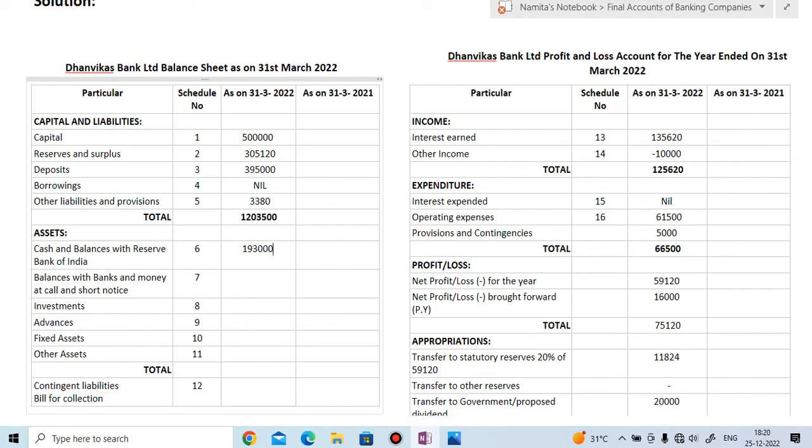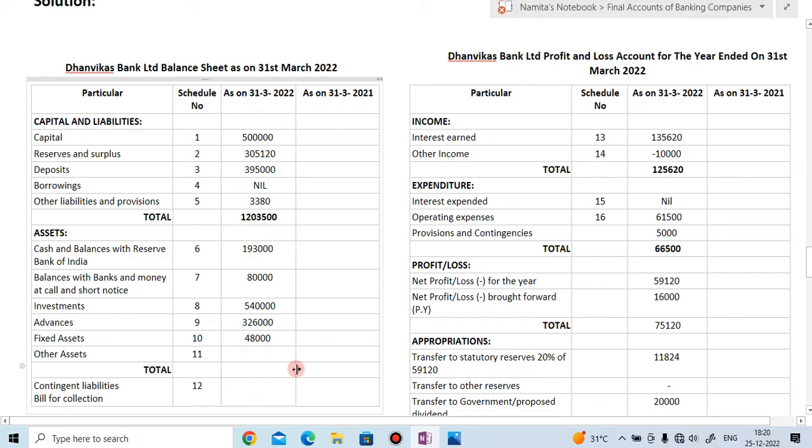1,93,000. Schedule number 7, 80,000. Schedule number 8, 5,40,000. Schedule number 9, 3,26,000. Schedule number 10, 48,000. Schedule number 11, 16,500.